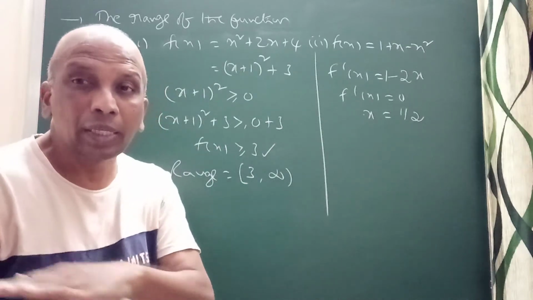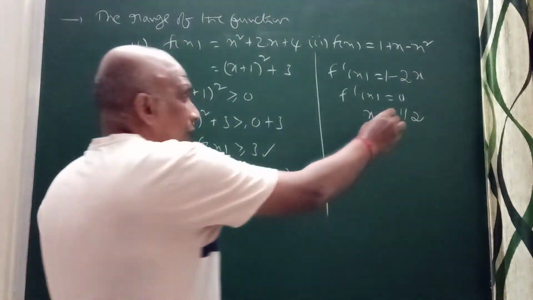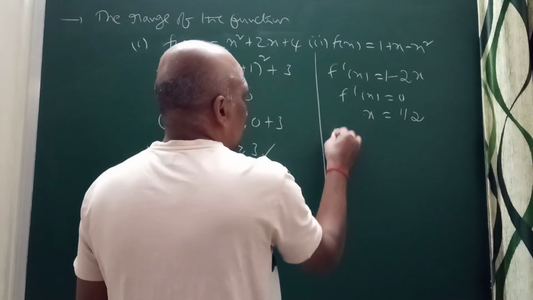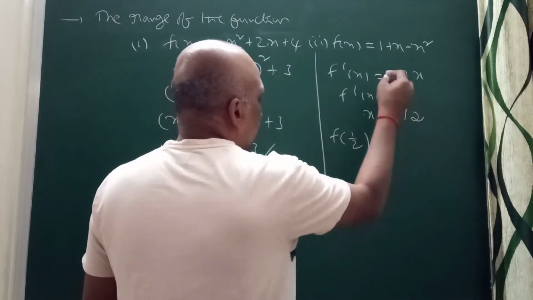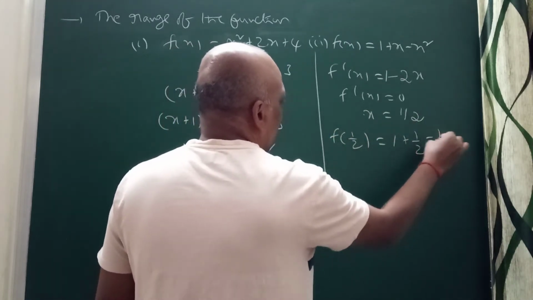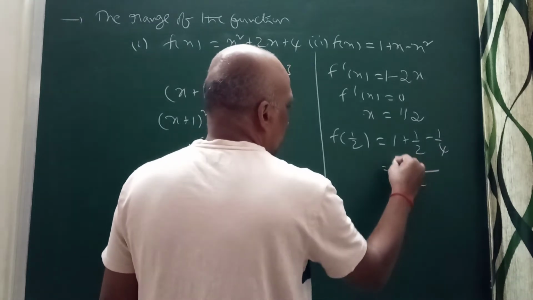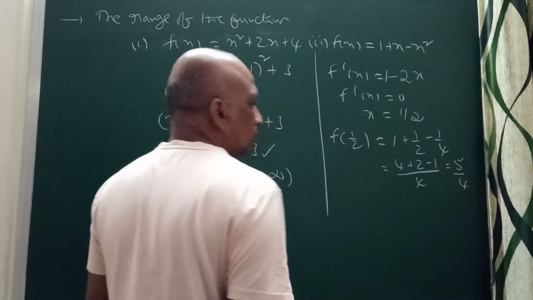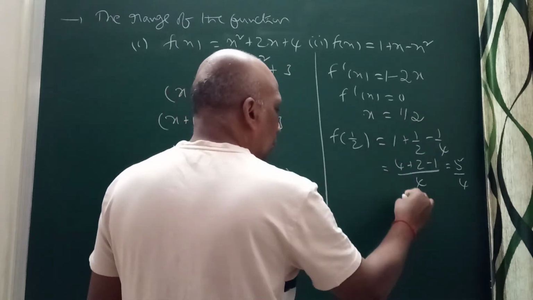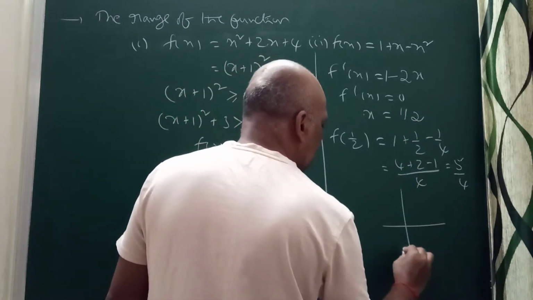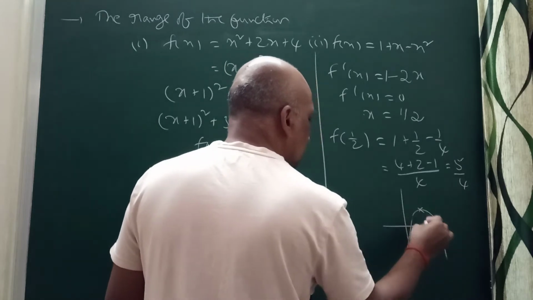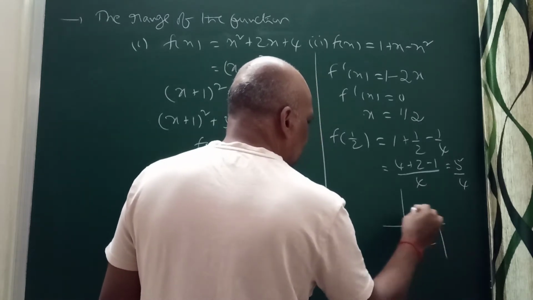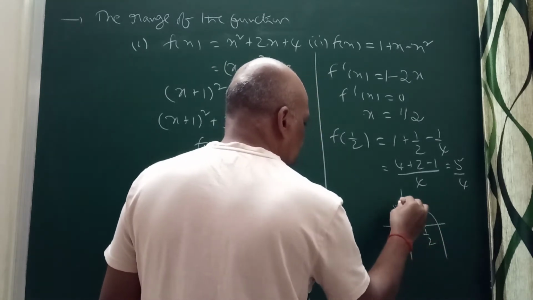Minimum value doesn't exist. So when x equal to 1 by 2, you can check f of 1 by 2. Substitute: 1 by 2 plus 1 by 2 minus 1 by 4, so 5 by 4. The parabola will be like this. This is 1 by 2, this is 5 by 4.